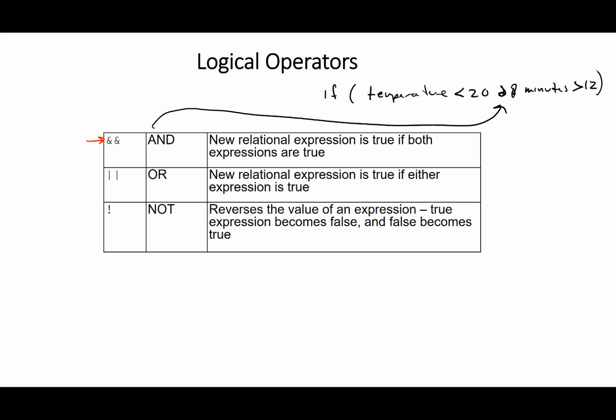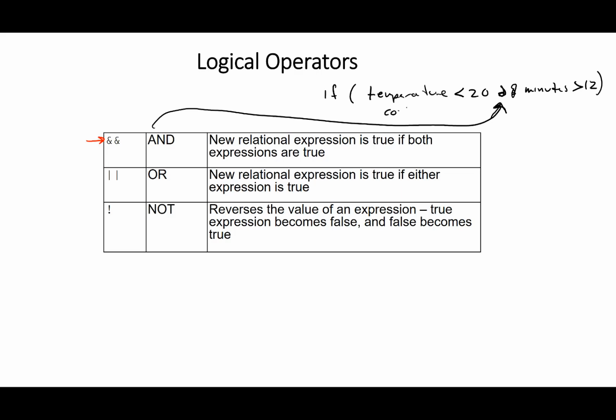So basically this if statement is only going to be true if both of these relational expressions are true, because we're using this AND operator. If the temperature is less than 20 and minutes are greater than 12, if both of those are true, this if statement will be true. If just one of those is false, this if statement will be false.